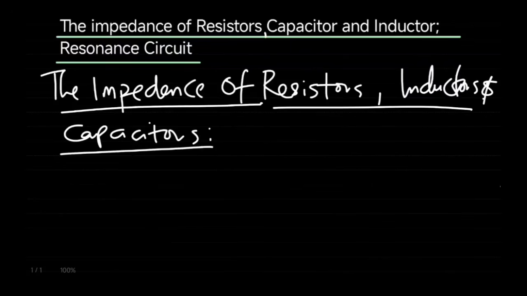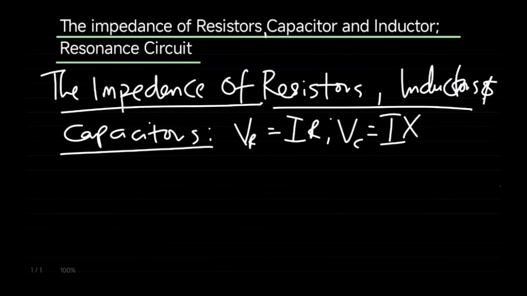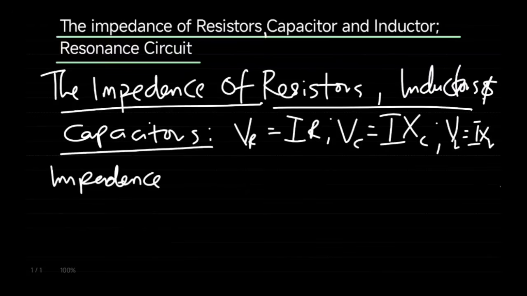Now the potential difference of these three parameters is given as VR is equal to what? IR, and VC is equal to I XC, VL is equal to I XL. The impedance of this circuit will be given as Z is equal to V all over I, which is also equal to what?